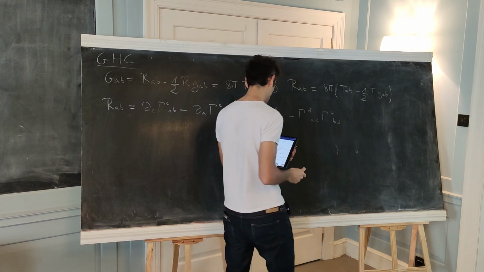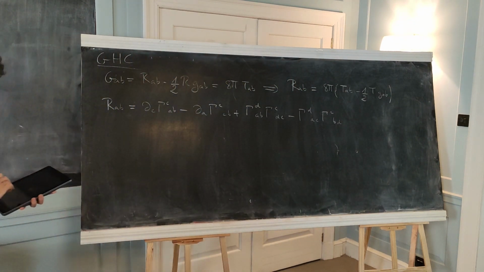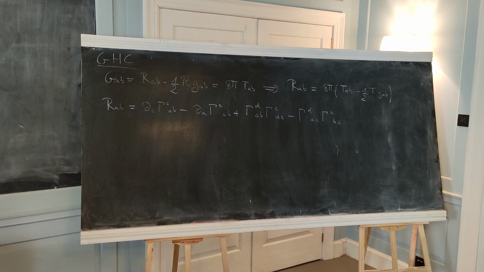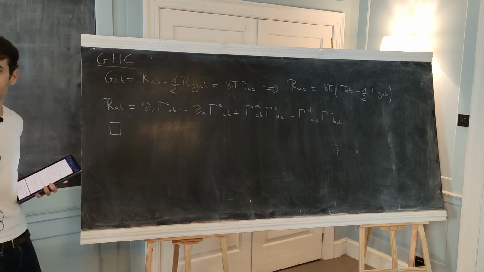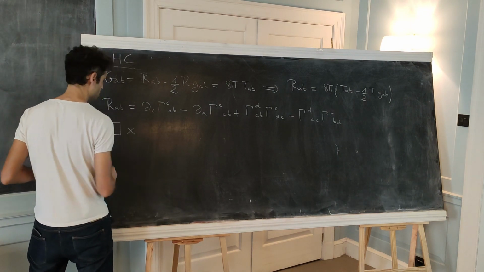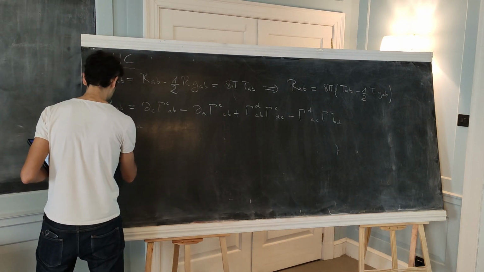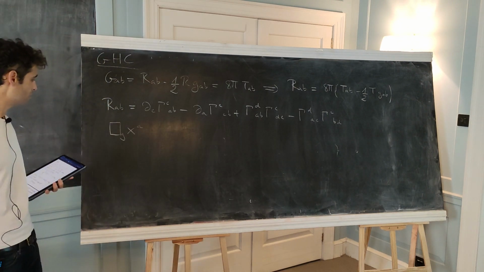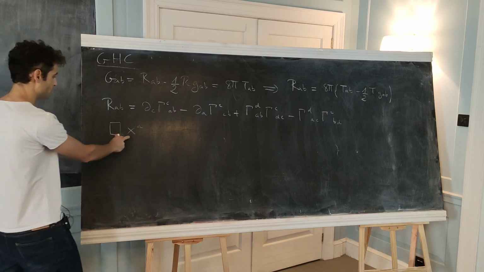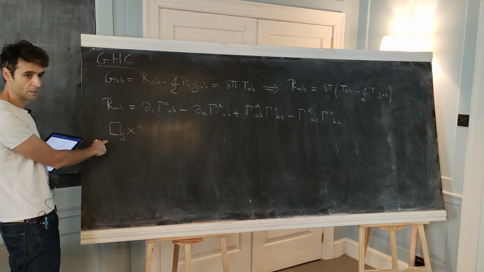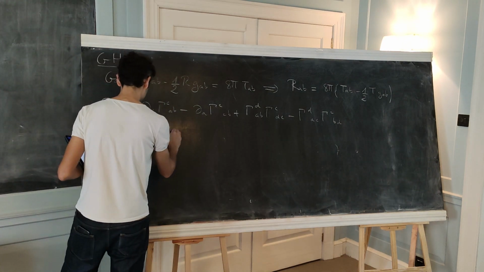So the idea of generalized harmonic coordinates is that one prescribes wave equations for the space-time coordinates. It's a choice of coordinates. We choose our coordinates such that they satisfy, with the scalar d'Alembertian, a wave-like equation, treating the space-time coordinates as scalars.